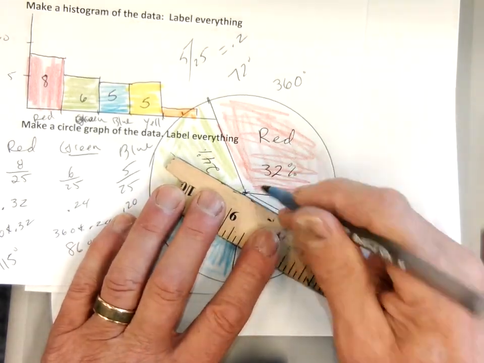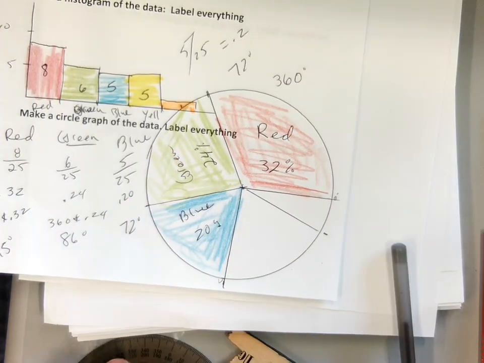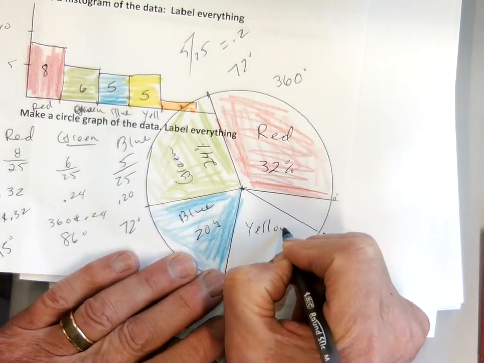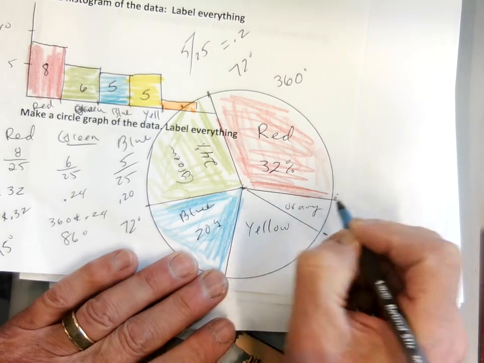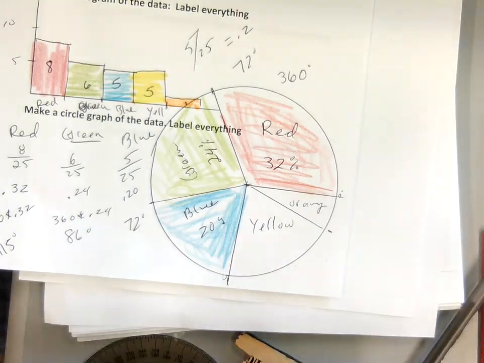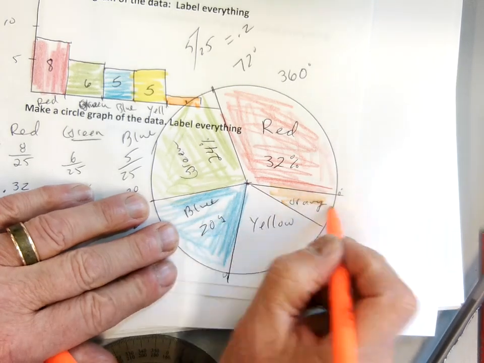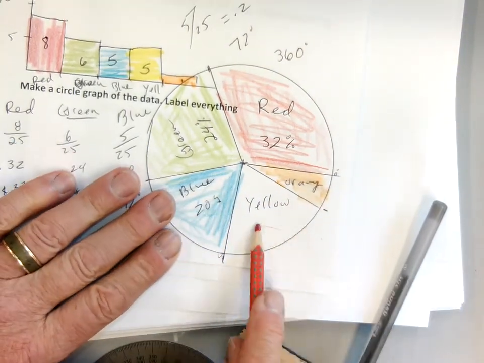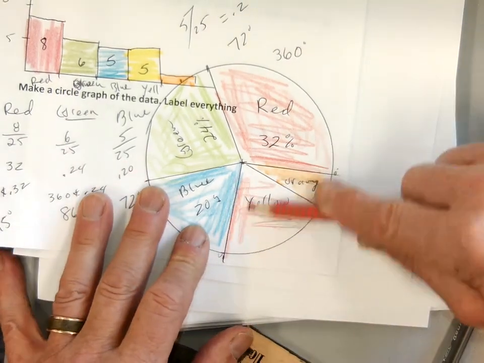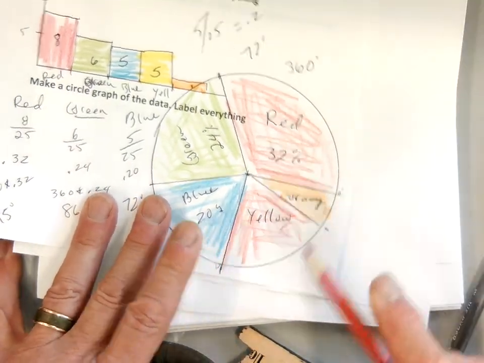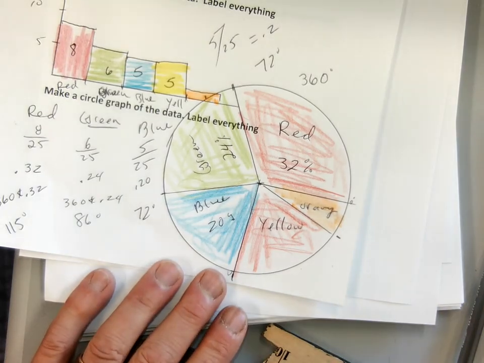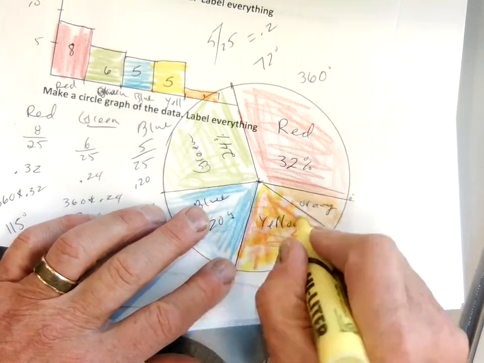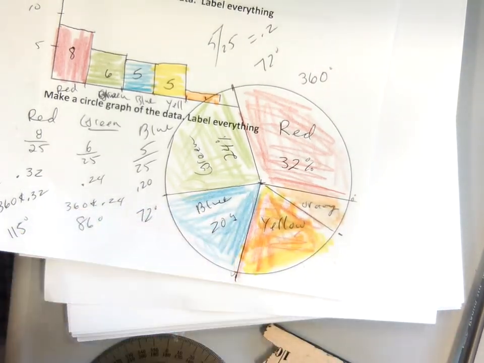So there's my orange and my yellow. Oh, that's not yellow. My goodness, I grabbed the wrong thing. There we go. Here's my yellow. Almost looks orange.